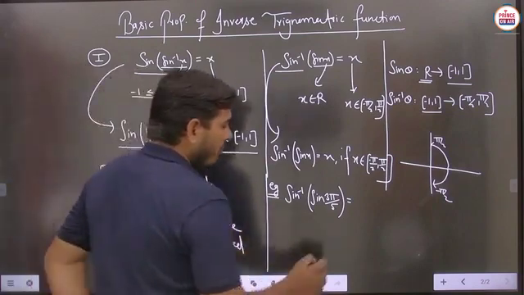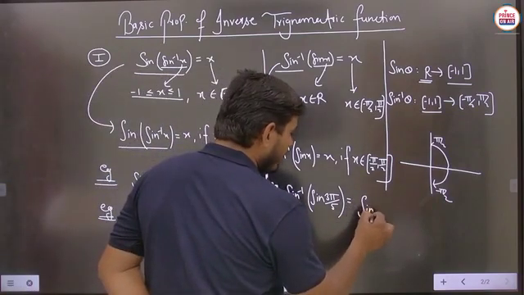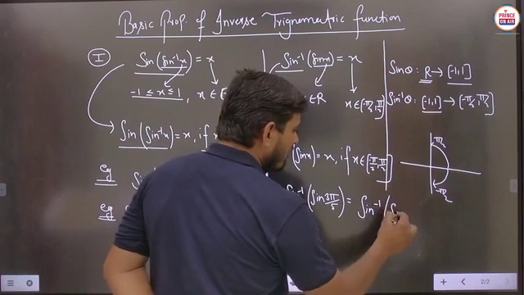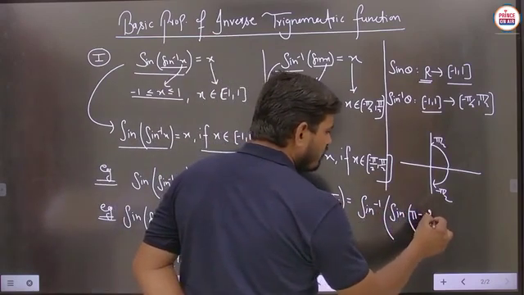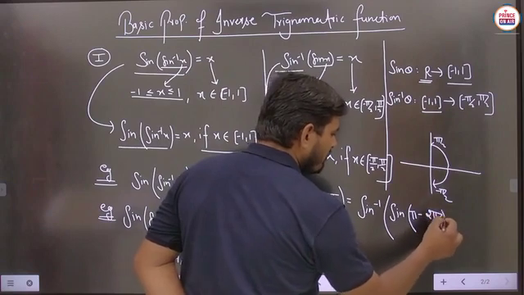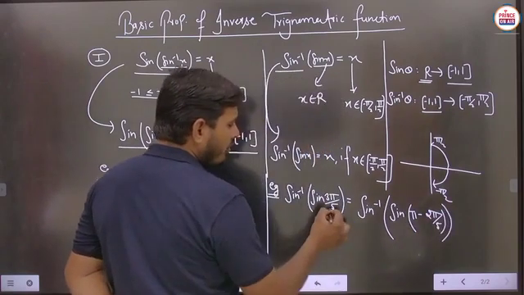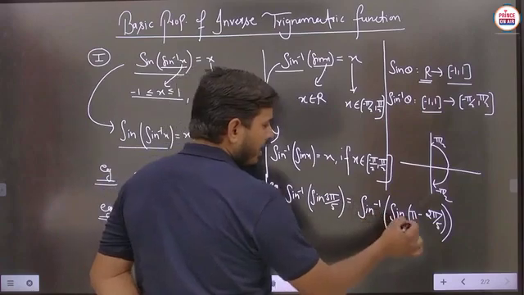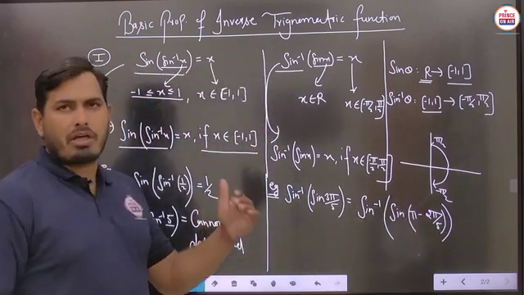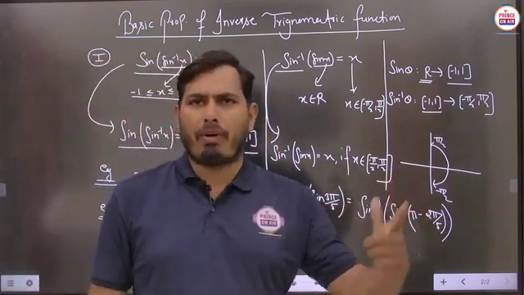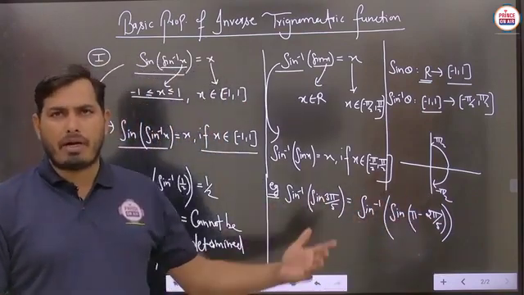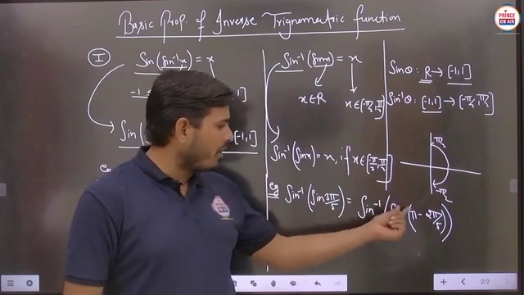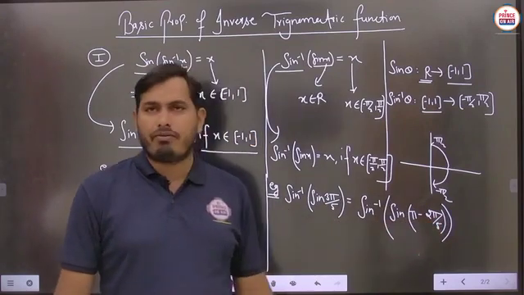So if we write this part like this, sine inverse of sine, now this 3 pi by 5 can be written as pi minus 2 pi by 5. So this will be the case of transformation, where we have to split this particular angle in two parts, where the splitting can be taken along with pi by 2 or pi. So somewhere pi plus, somewhere pi minus, according to the requirement we have to apply the operation. So 3 pi by 5 can be written as pi minus 2 pi by 5, definitely.